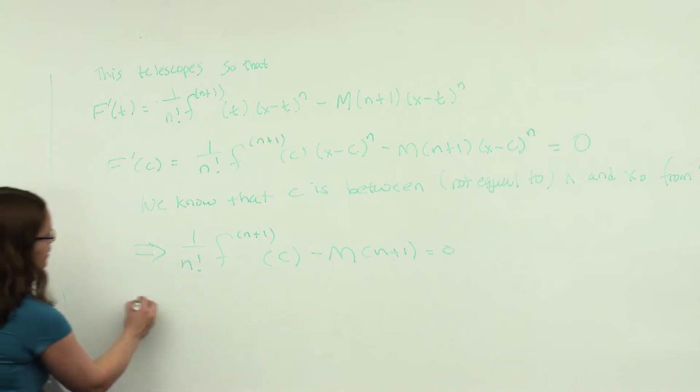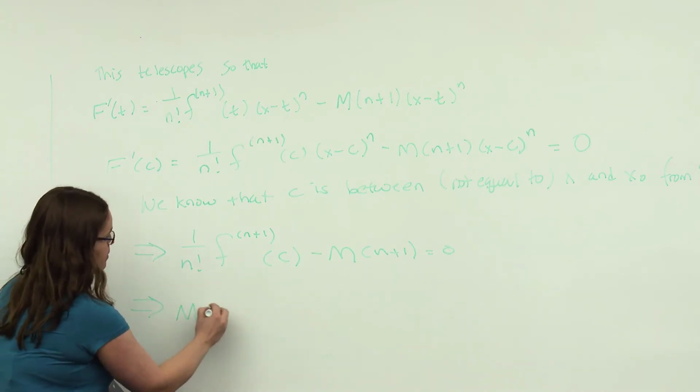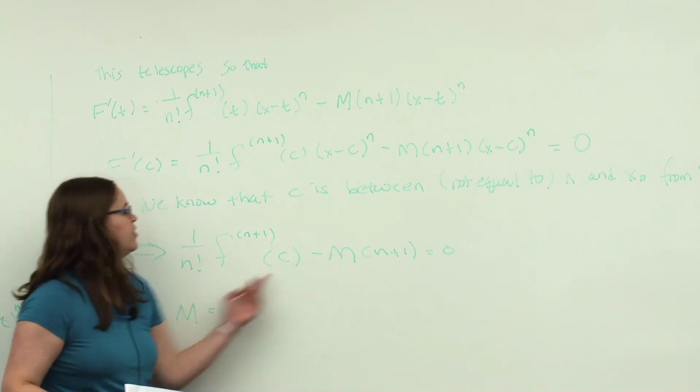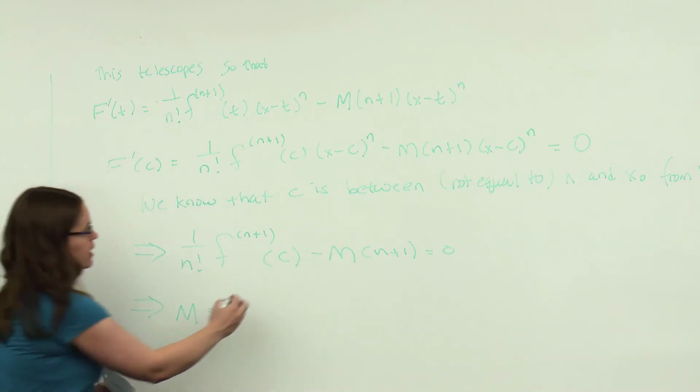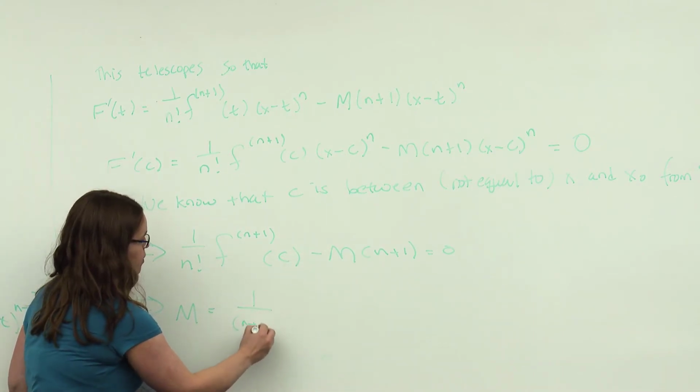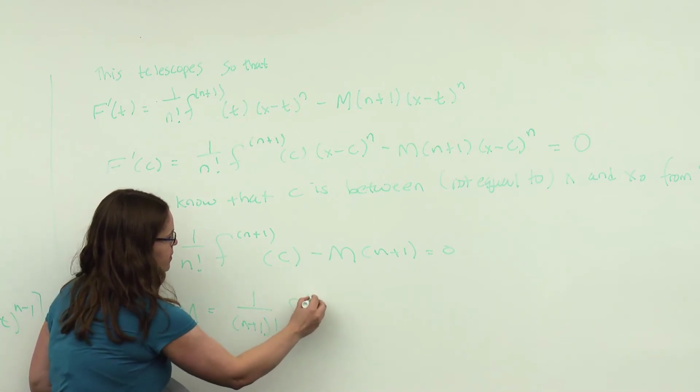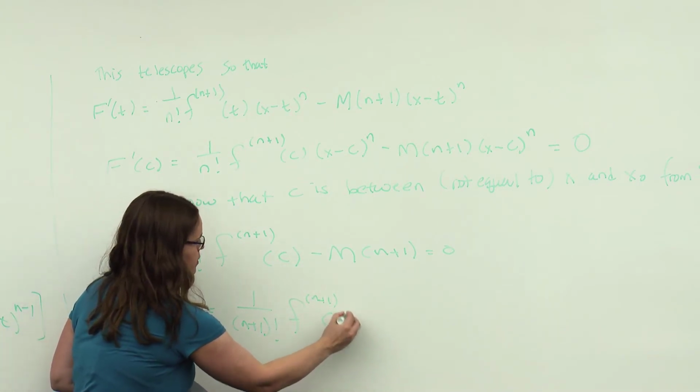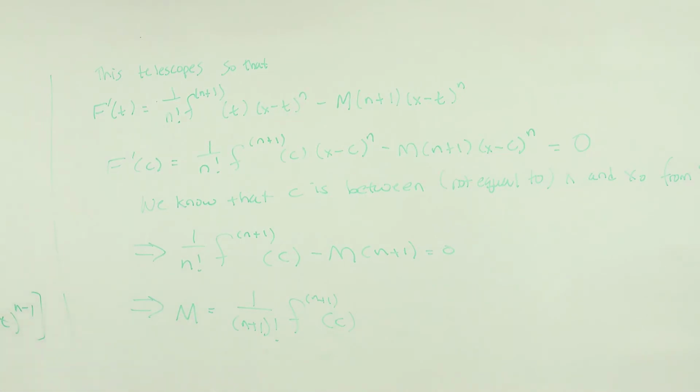And if I solve for m, I know now that m is equal to, okay, the n plus 1 comes down, so I get 1 over (n plus 1) factorial f^(n+1) of c. And that looks suspiciously like the goal I wrote down very close to the beginning of this proof.